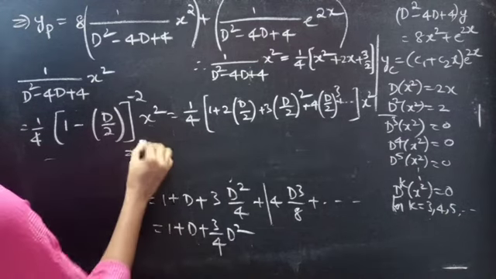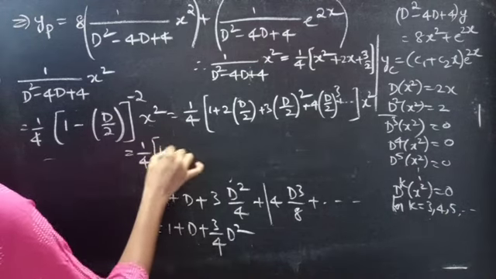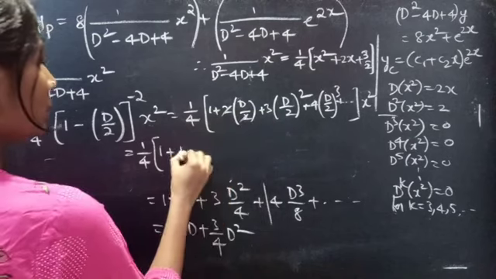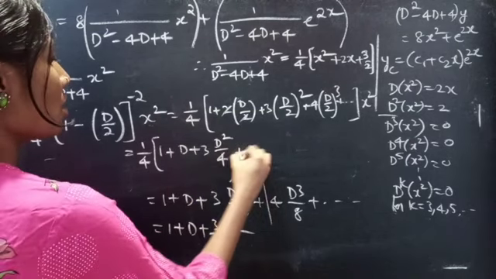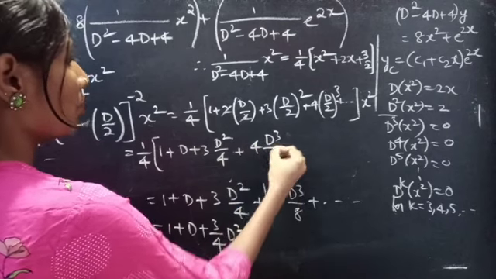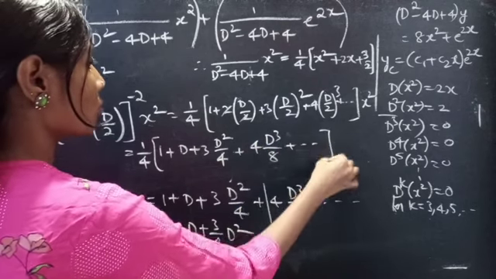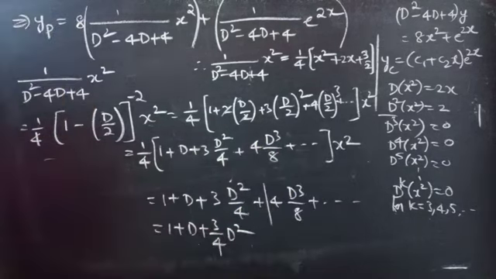This becomes 1 by 4 into 1 plus 2 gets cancelled, you will get d plus 3 into d square by 2 square is 4 plus 4 into d cube by 2 cube is 8 plus so on into x square.